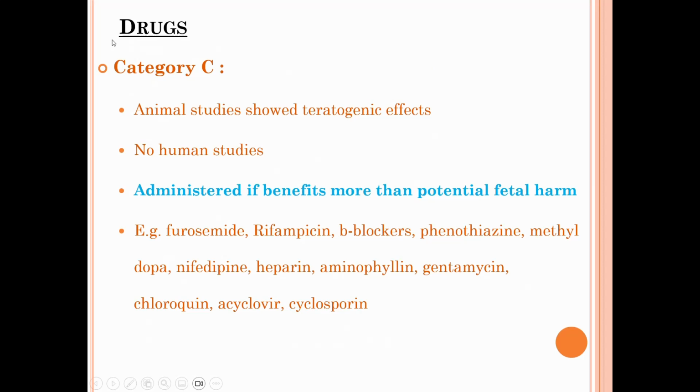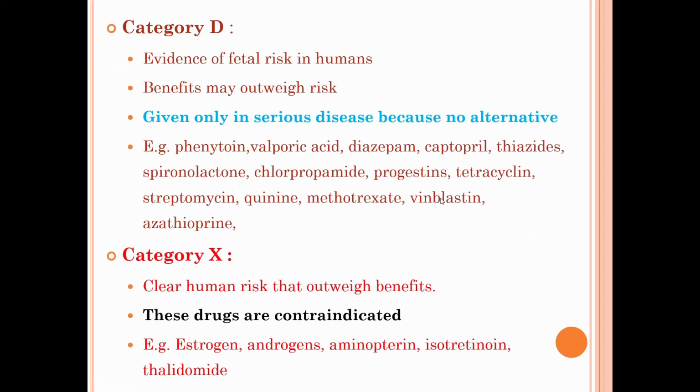Now category C: animal studies show the teratogenic effect, but no human studies were done. And I have already explained, these are administered only if benefits are more than the potential fetal harm. What is category D? There is evidence of fetal risk in humans. Benefit may outweigh the risk, given only in serious disease, because there is no alternative.